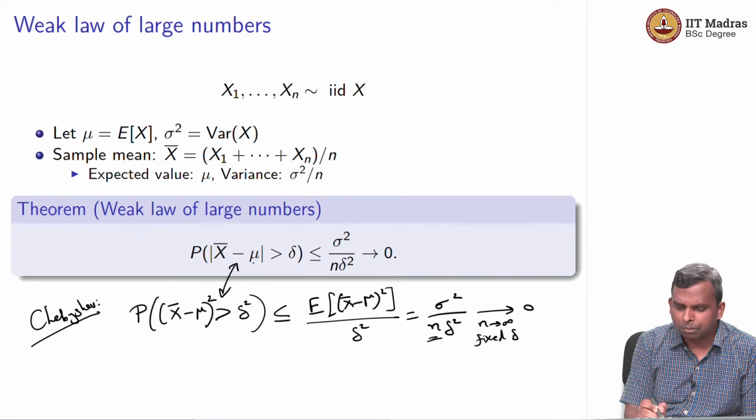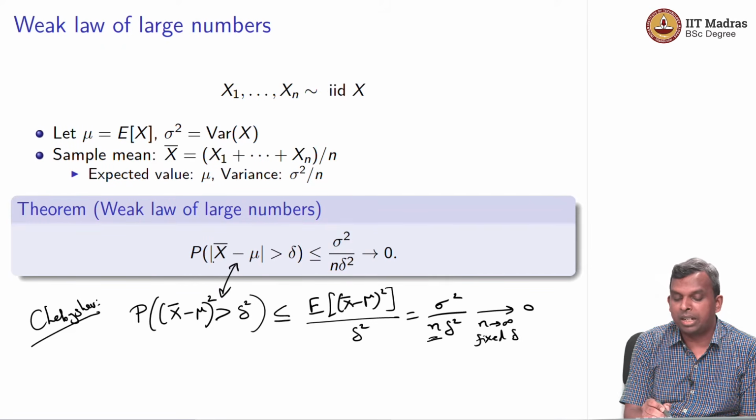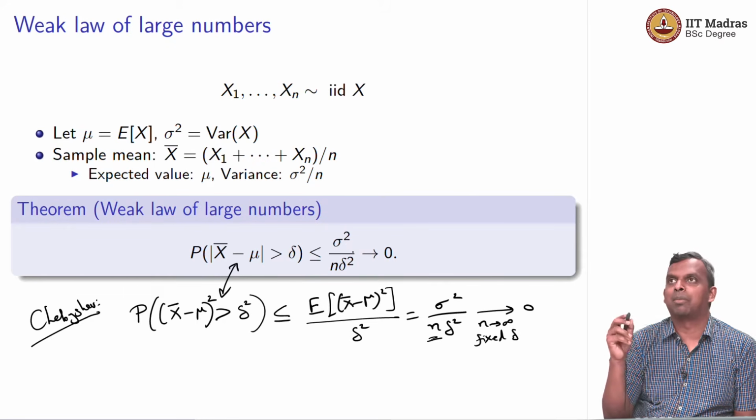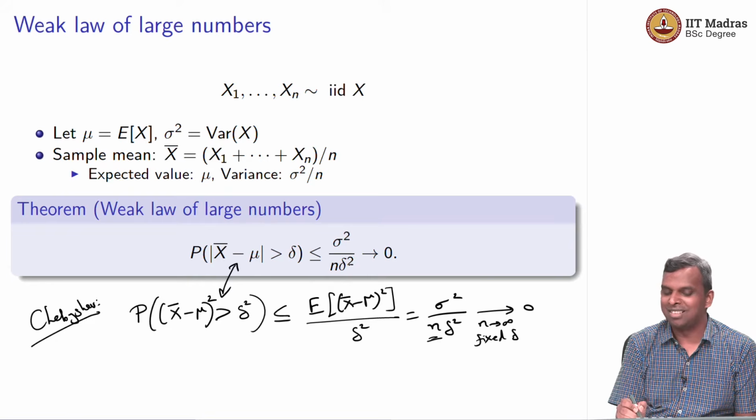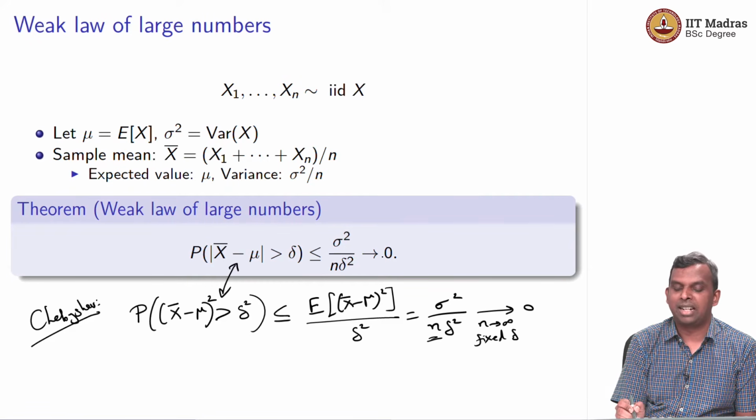Notice this. Suppose I have a particular mu. The probability that the absolute value of X bar minus mu exceeds delta, with delta very small, say 10 power minus 6, is less than or equal to sigma squared by n into 10 power minus 12. If n becomes 10 power 20, this goes to 10 power minus 8 and on to 0. But don't think of delta being so small.